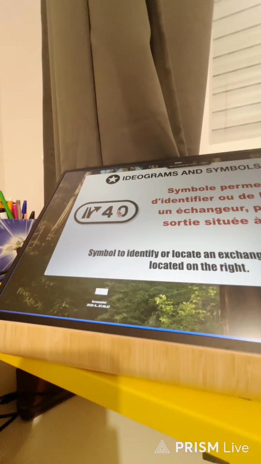It can be any name, I don't know. So they are telling you about to change your lane. That's why they call it a symbole permettant d'identifier ou localiser un échangeur pour une sortie située à droite. It's a symbol to identify or locate an exchange. You are changing a road that is located at your right hand side.